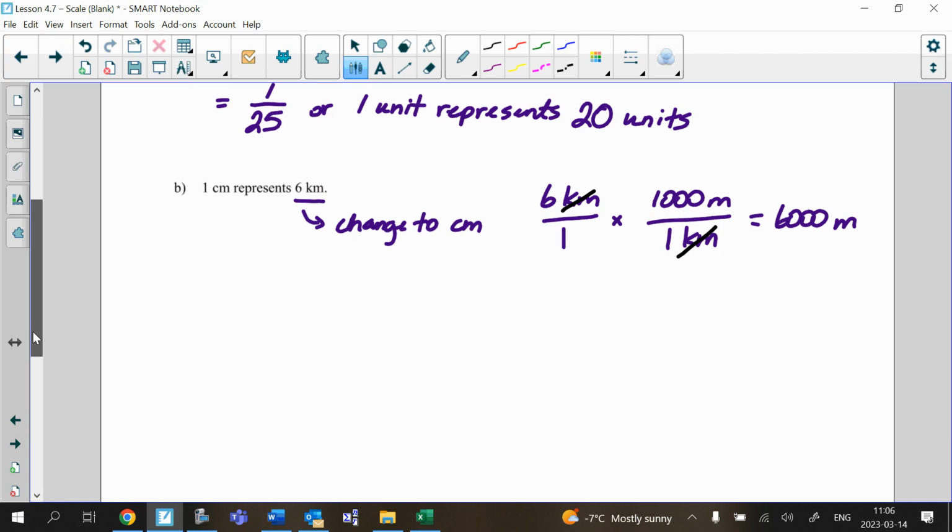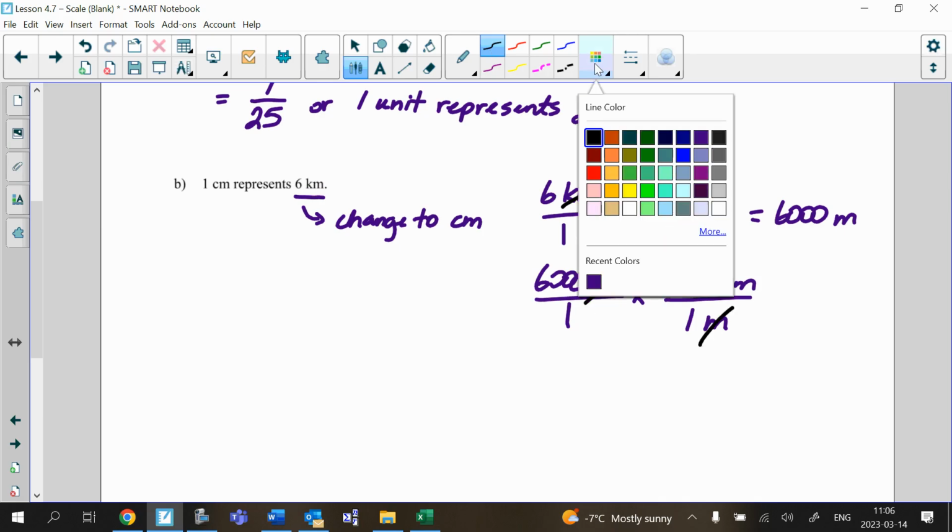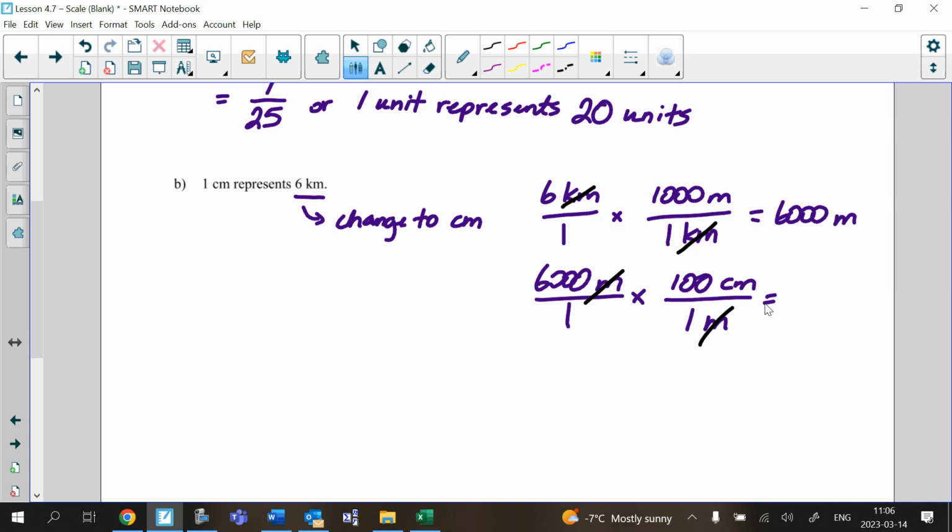So I have to take the 6,000 meters and convert it to centimeters. Well, 100 centimeters equals 1 meter. I want to put the 1 meter on the bottom, which means I put the 100 centimeters up top because I want to cancel the meters. And this time I am left with 600,000 centimeters.